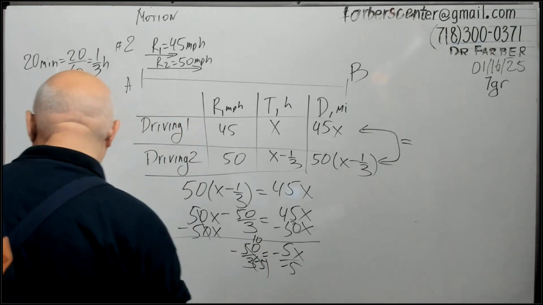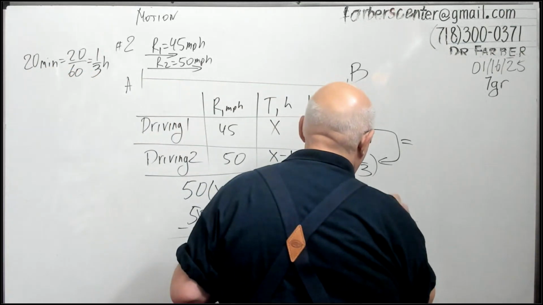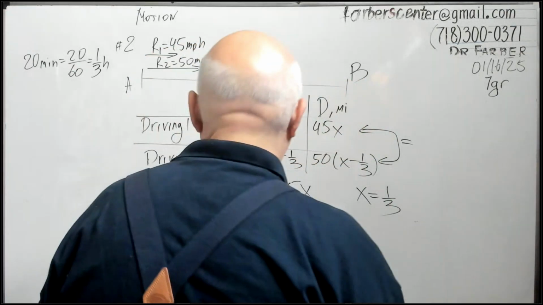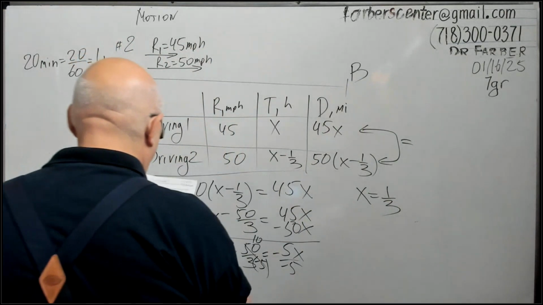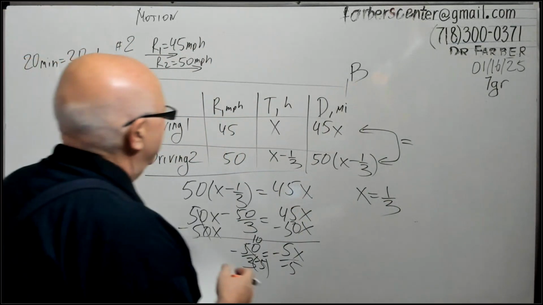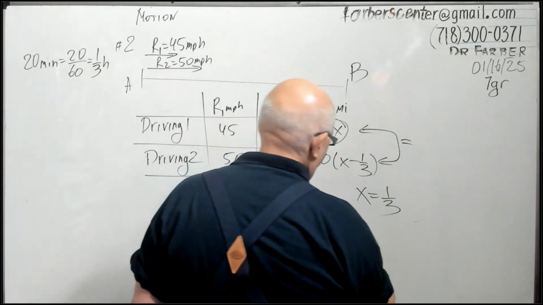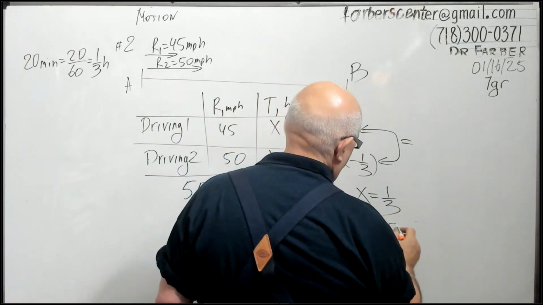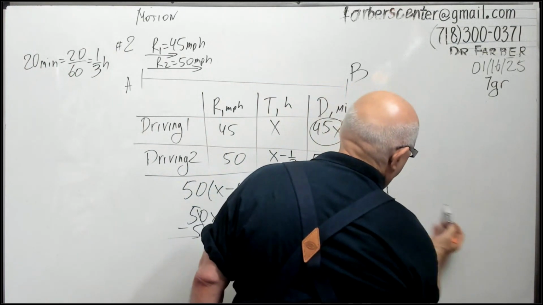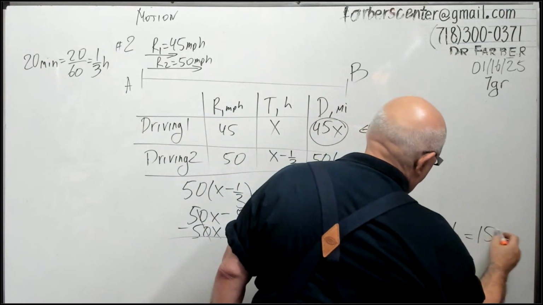Okay. X equals 10 over 3. And what is the question? Read the question again from the beginning. Find the distance. Well, this is the distance. Distance equals 45x, 45 times 1 over 3, which is 15 miles.